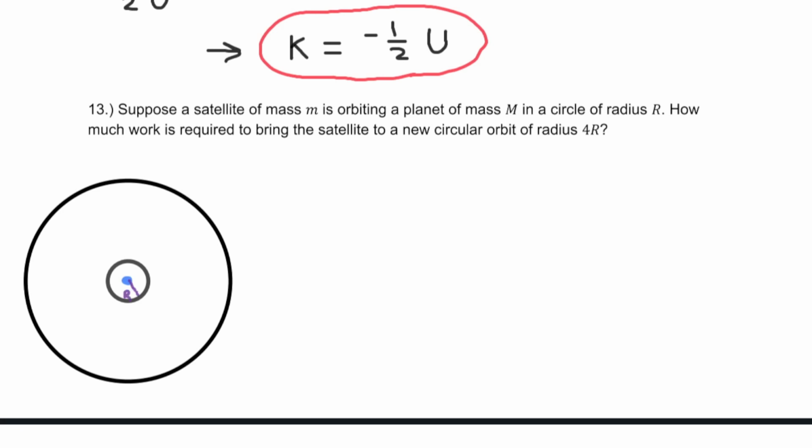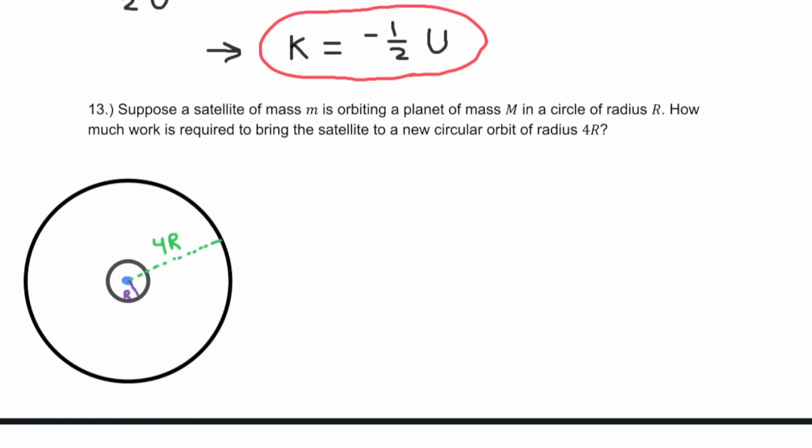And then we want to figure out how much energy it takes to get it to orbit in this big orbit of 4r. So this is definitely going to require energy because if you have a larger orbit, you're allowed to reach farther locations. So that definitely takes energy because currently it can only reach close locations, but we want it to reach far locations. So that definitely takes energy.